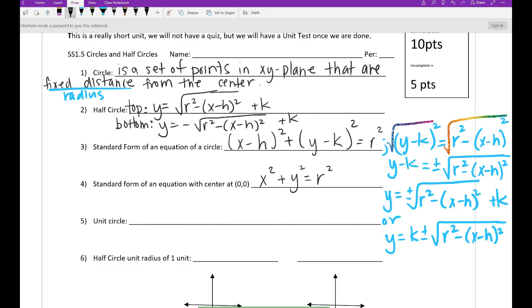Unit circle, what does that even mean? It's a circle whose radius is exactly 1. A unit just means 1 unit of radius. And then they make a bunch of triangles out of that and make you study trig. So it's just x squared plus y squared equals 1.